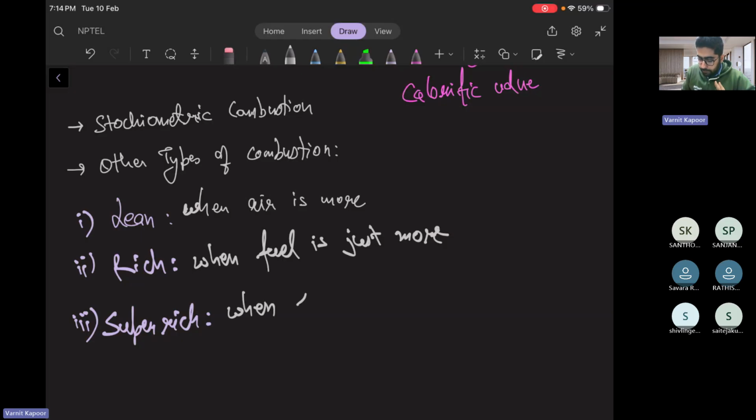When fuel is more, that is wastage of fuel. Combustion will not happen properly and unburnt hydrocarbon will come out of the exhaust. So these are different kinds of combustion.